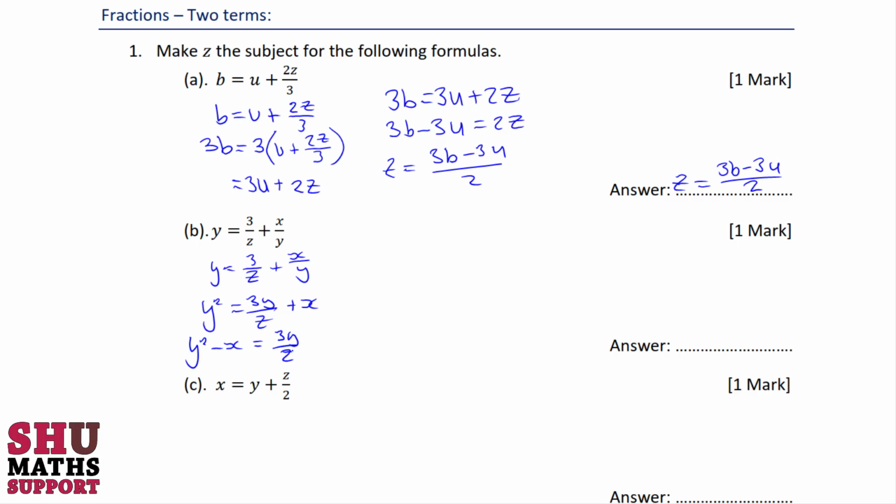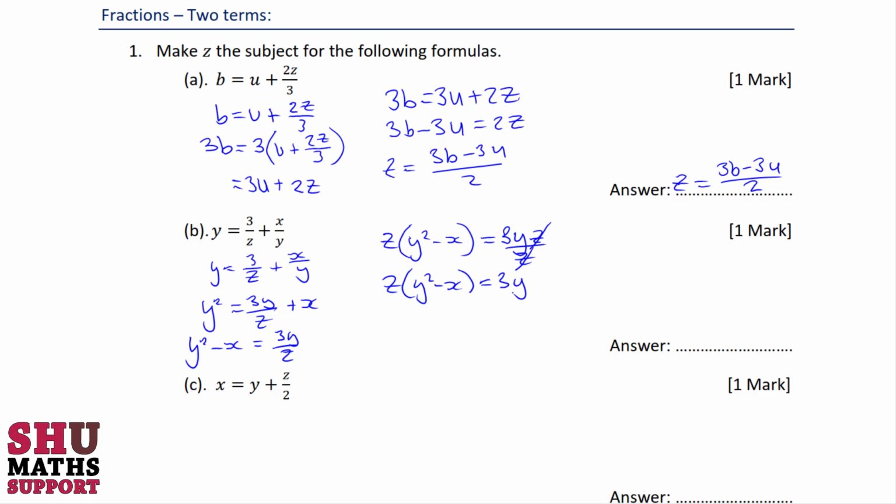So now we have the z term on its own. And then what we need to do is get rid of the z from the denominator. So if we times both sides by z, we would end up with z times y squared minus x, and there's a reason why I've not expanded that, is equal to 3yz over z. And then obviously the z's cancel out, so that we have z times y squared minus x is equal to 3y.